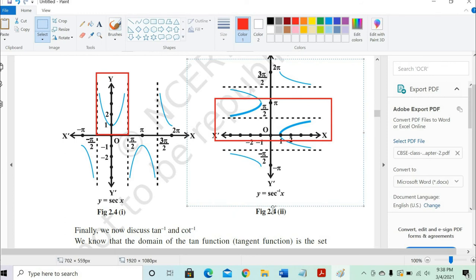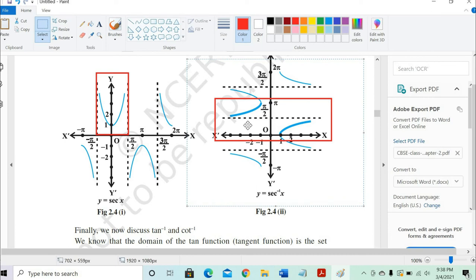For secant inverse x, the x value will come from minus infinity to minus 1 because cos pi is minus 1. So minus 1 becomes the input for secant inverse x, and secant inverse will touch pi. That means on the y-axis it's pi.